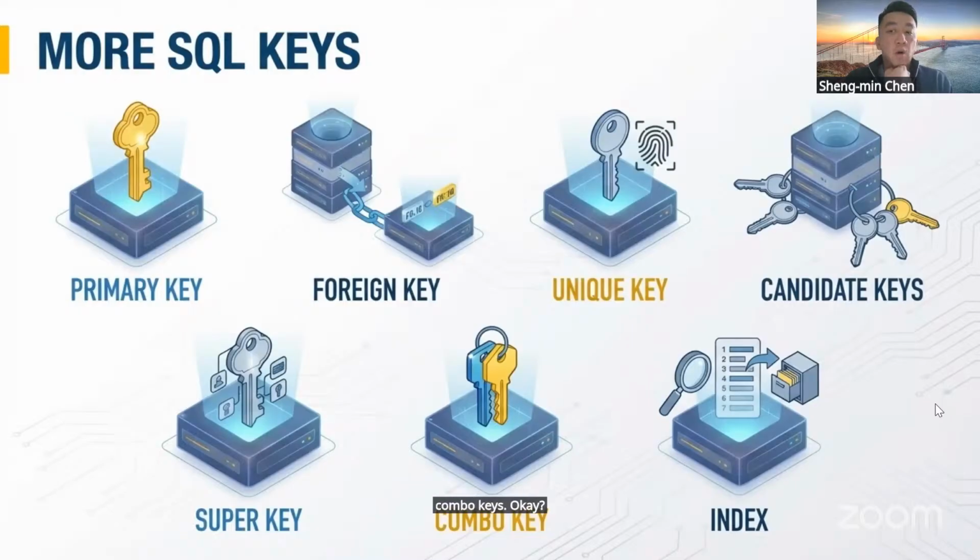Okay. Now, candidate keys and super keys. Candidate keys come with very little constraint, but they are there for you to categorize columns that can potentially be a key by itself or in conjunction with another column.